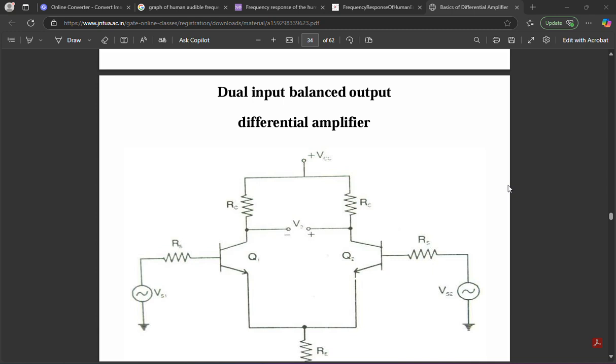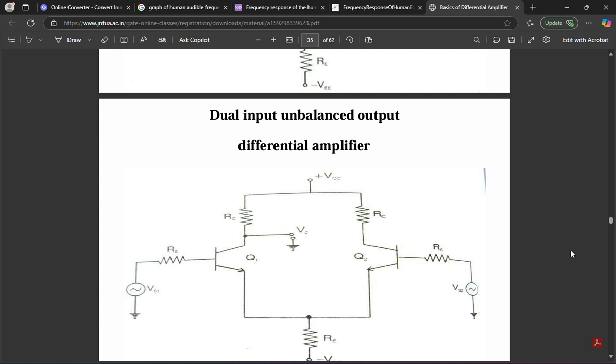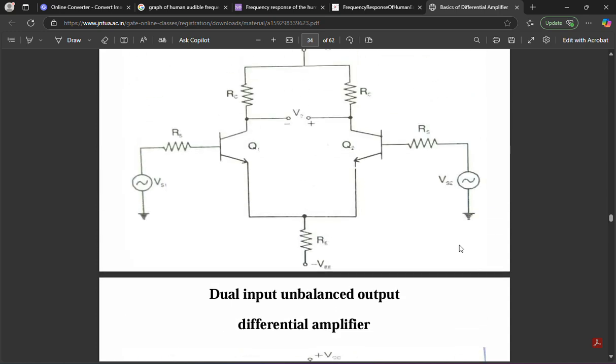This is the diagram of the dual input balanced output differential amplifier. So this is the most widely used configuration. If you look here, you have two intercoupled BJTs. As you have already seen, signal 1 and signal 2, and the output is taken across the collectors.